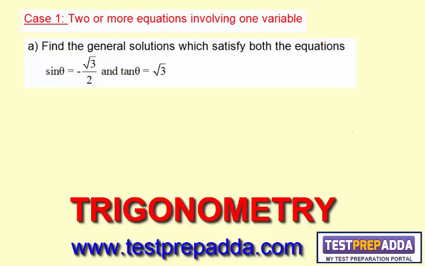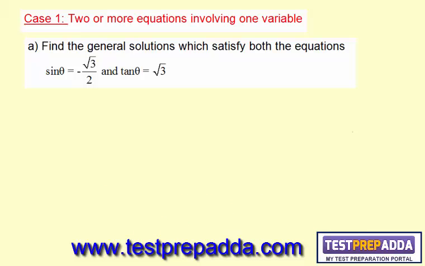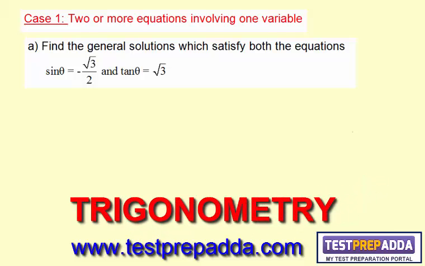Here the question says, find the general solutions which satisfy both the equations. Equations are given as sin theta is equal to minus root 3 by 2 and tan theta is equal to root 3. You can see two equations are given with one variable theta.